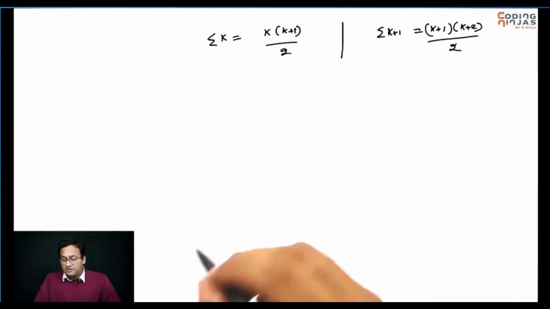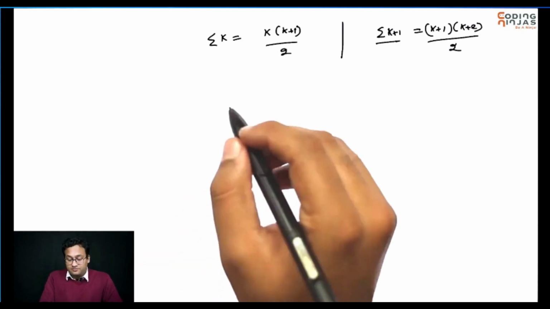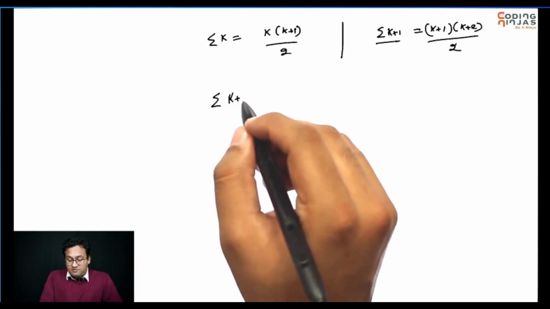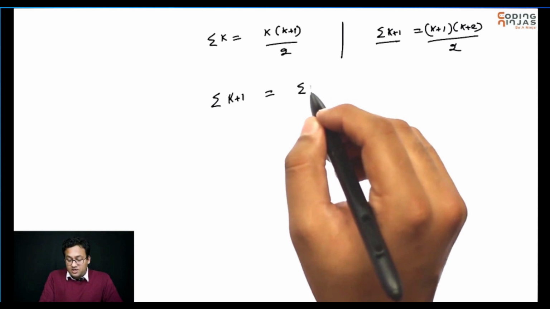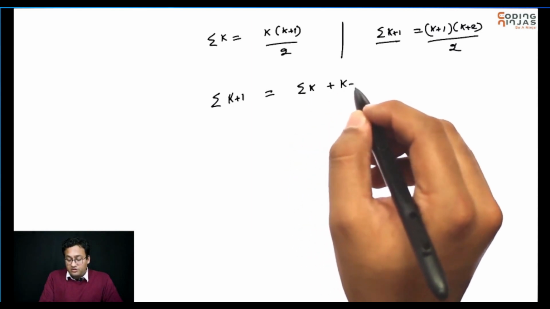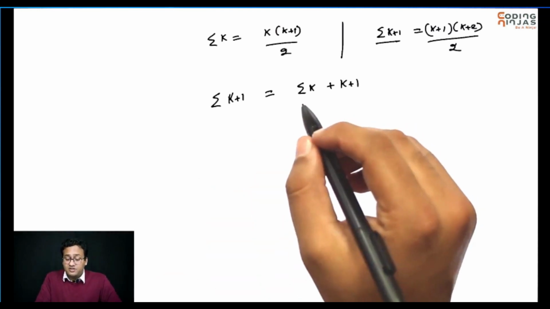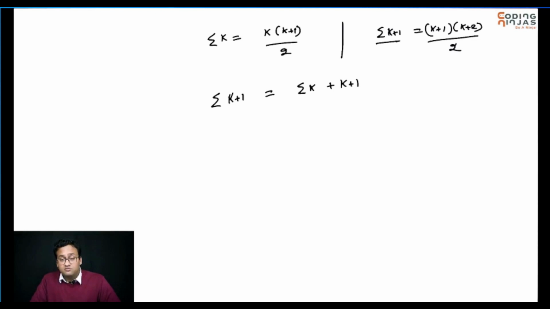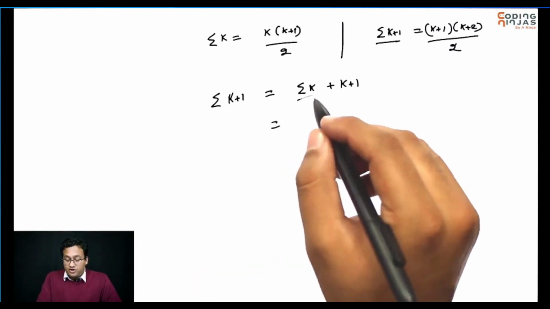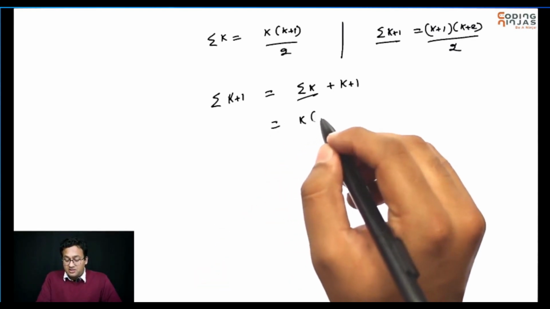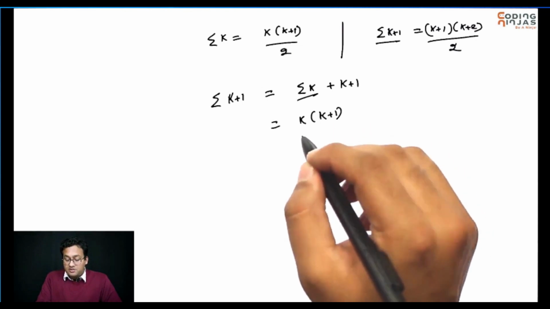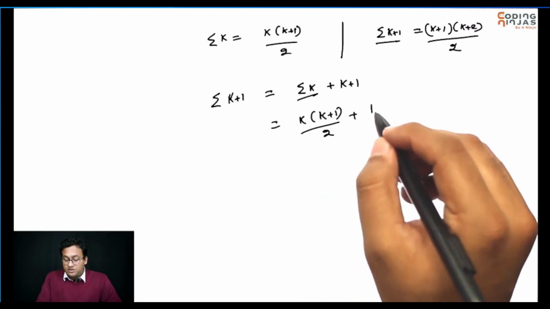Okay, so let me take the LHS. Sigma k plus 1 is equal to sigma k plus k plus 1, right? The sum of first k plus 1 natural numbers is the sum of first k natural numbers plus k plus 1. Now we already know what sigma k is. Sigma k is k into k plus 1 by 2, plus k plus 1.